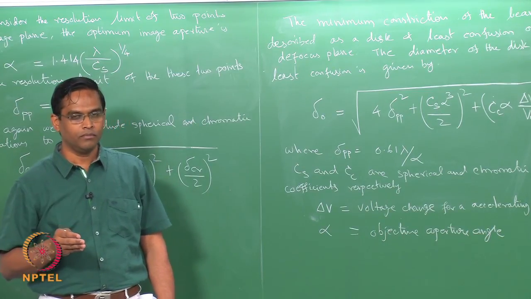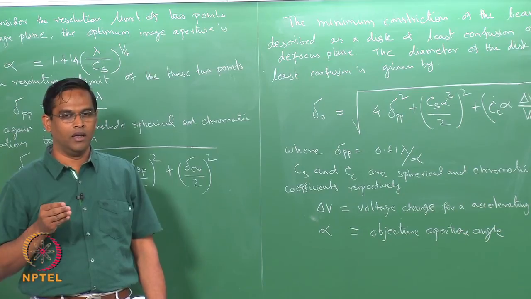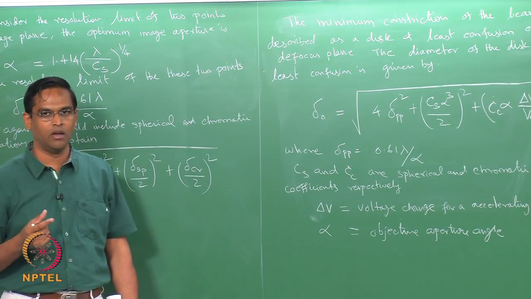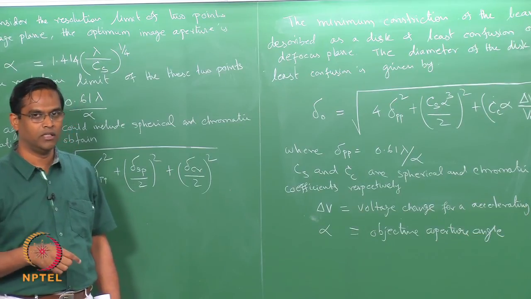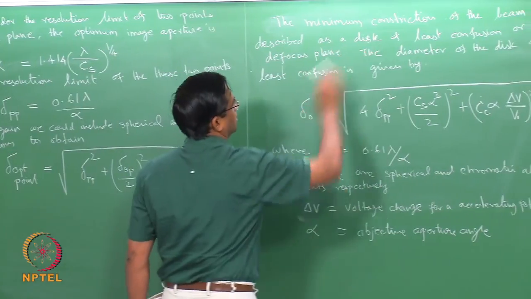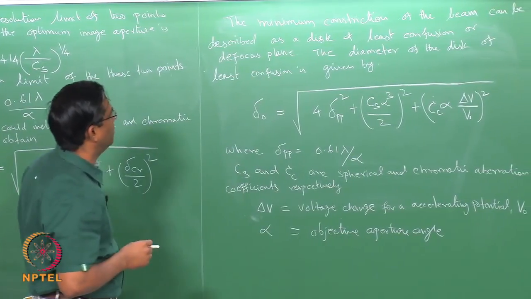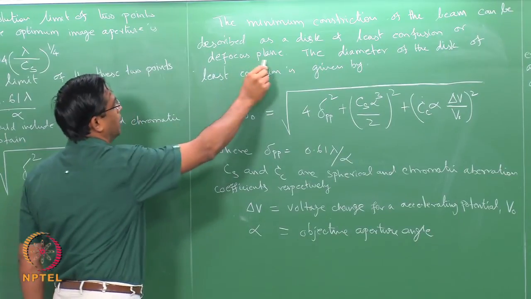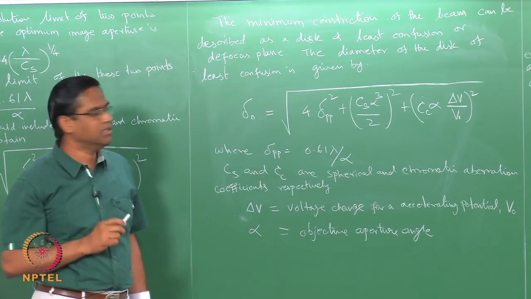So to emphasize this point, to get an expression for delta naught itself, that is what we have tried to show here. The minimum constriction of the beam described as the disk of least confusion on the defocused plane on the optical axis.